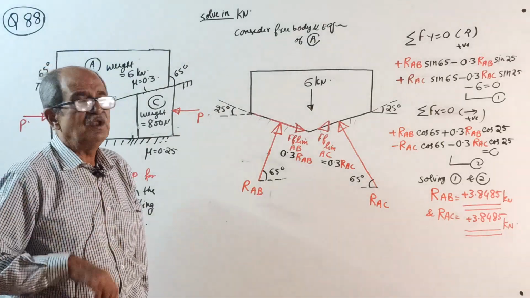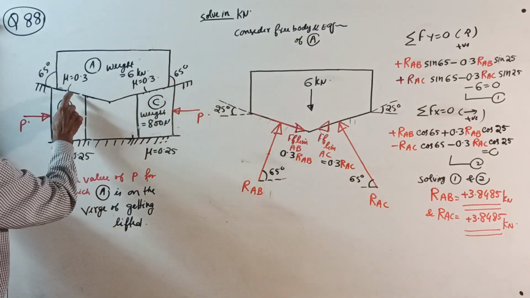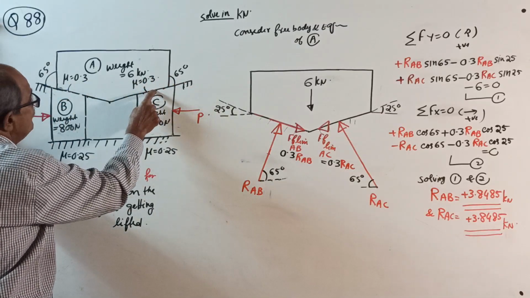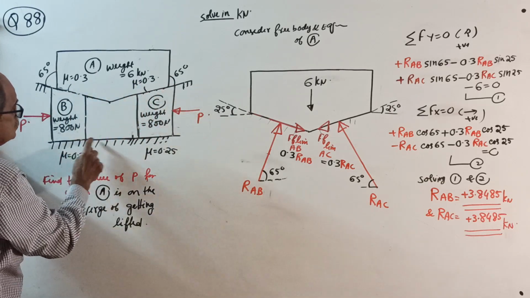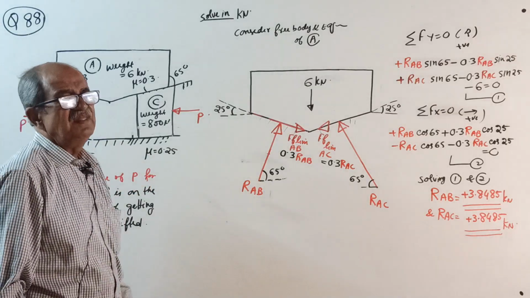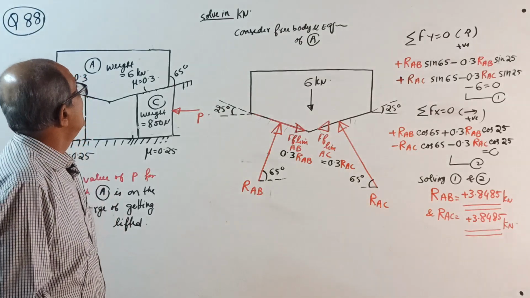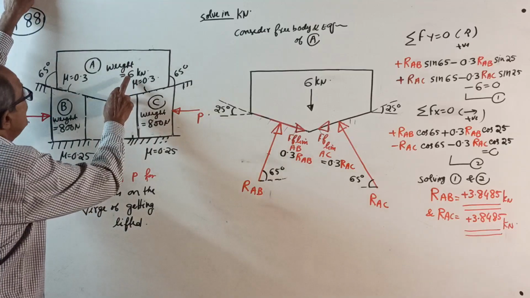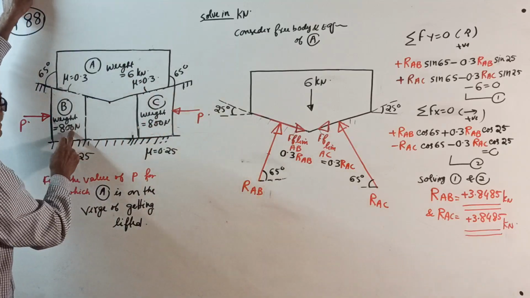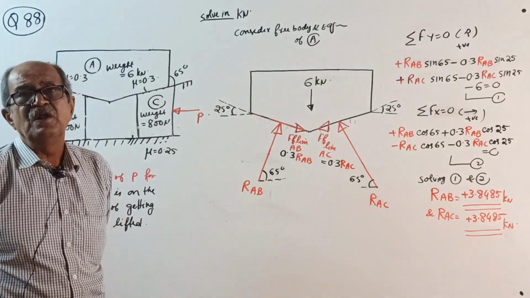Now be careful. This angle is 65 degrees. This contact surface has mu 0.3, and these two contact surfaces have mu 0.25, or in the question they can give, take mu equal to 0.2 everywhere. Now, one weight is given in kilonewton and the other two in Newton, so you should decide whether you are solving in kilonewton or Newton.